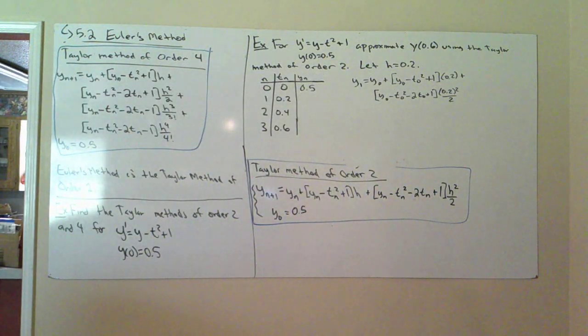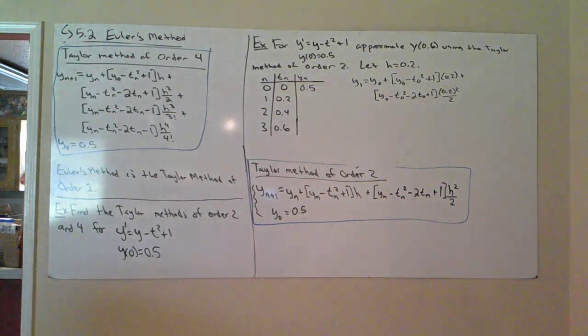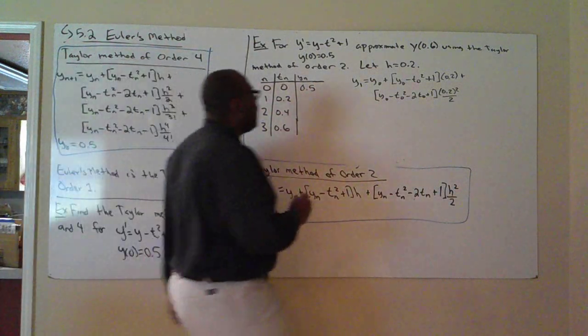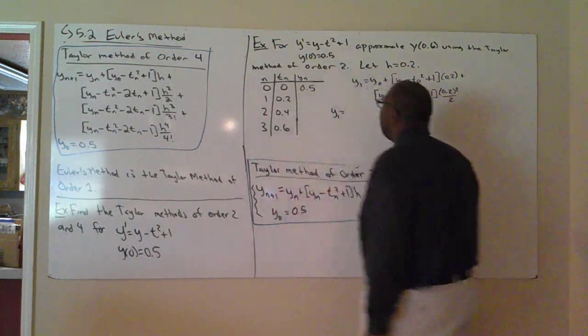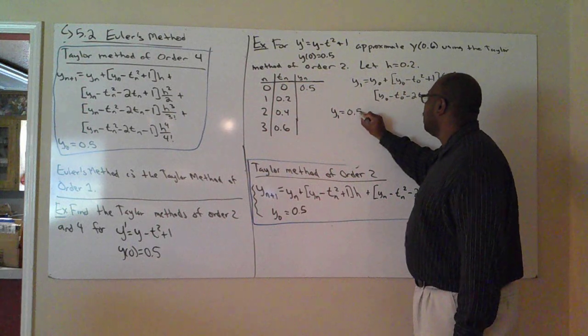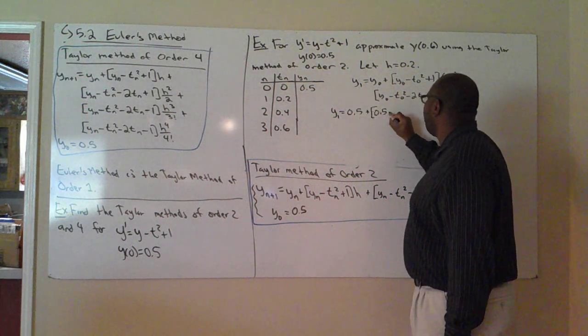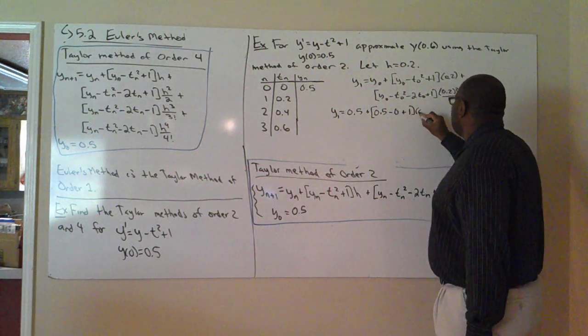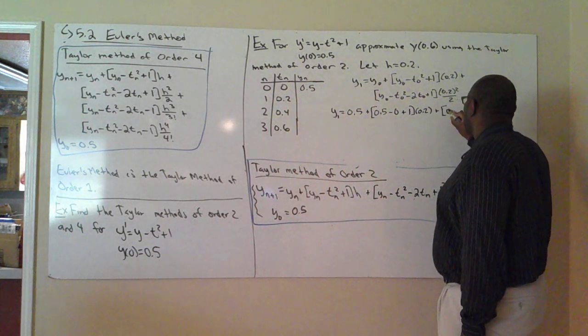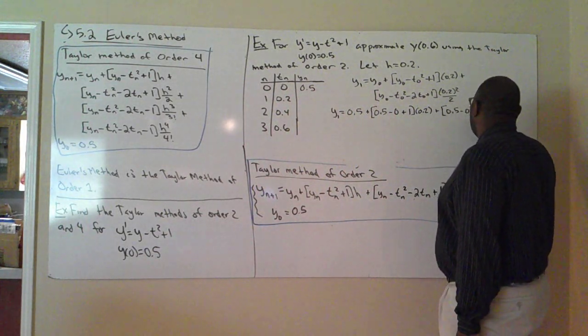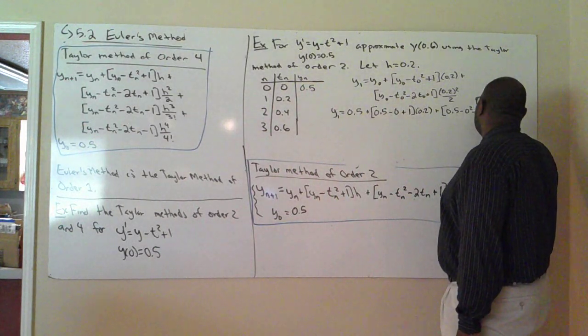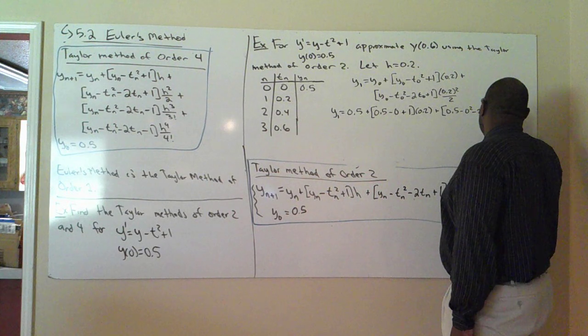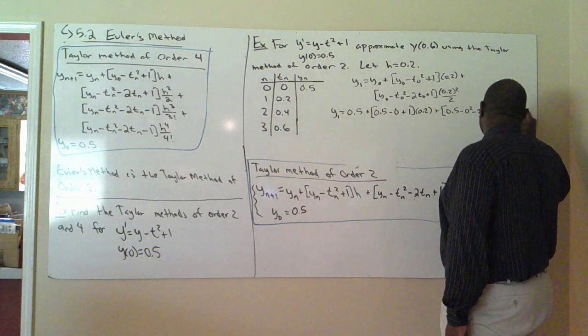So let's see what we get there. Plugging in, y sub 1 is equal to y sub 0, which is 0.5, plus 0.5 minus t sub 0 squared, which is 0, plus 1, times 0.2, plus 0.5 minus 0 squared minus 2 times 0, which I don't really need to write, plus 1, times 0.2 squared divided by 2.